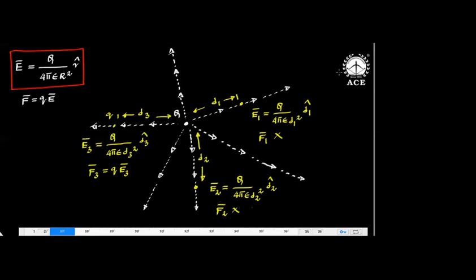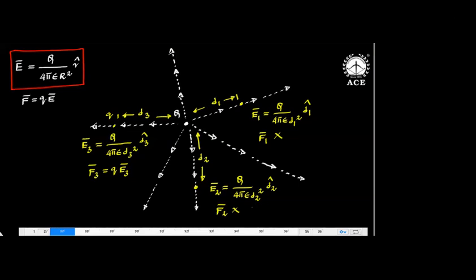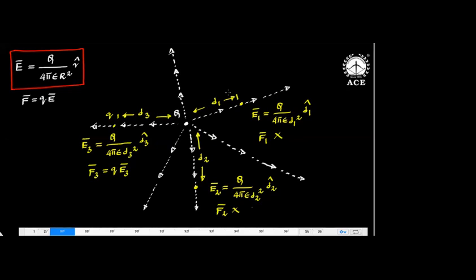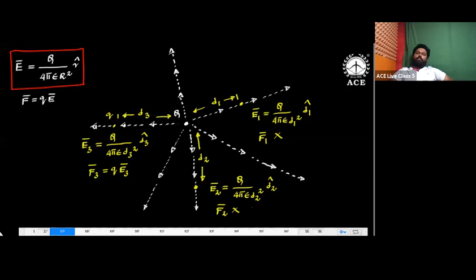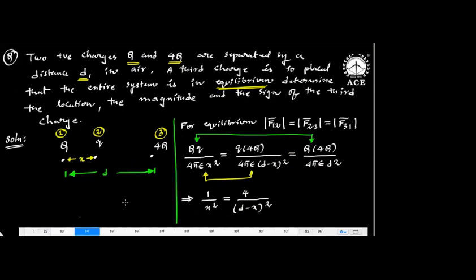Yes. Hello. Good evening, sir. Good evening. Sir, I think there is a conceptual mistake: F12 is equal to F21 is equal to F31 in magnitude. We are taking that in that problem. Here you said that Q will be negative, but Q may be positive also. For that, the force will be opposite.